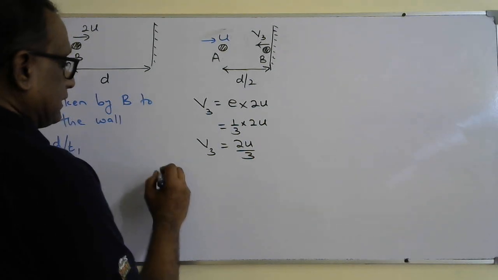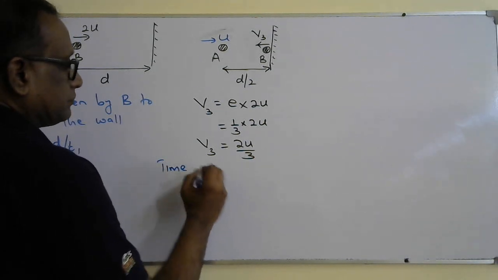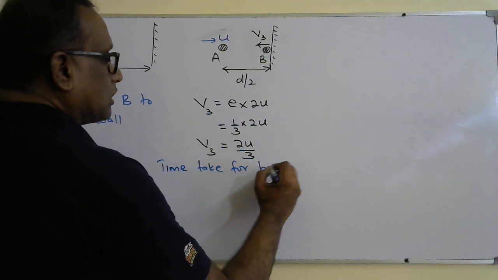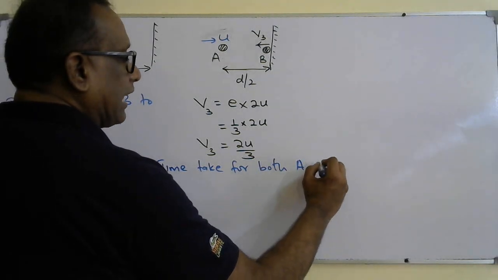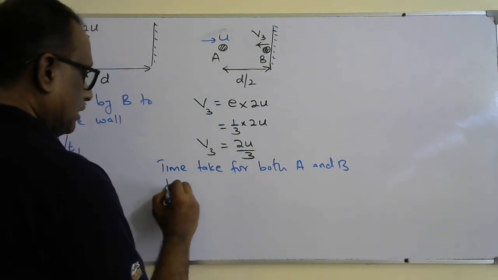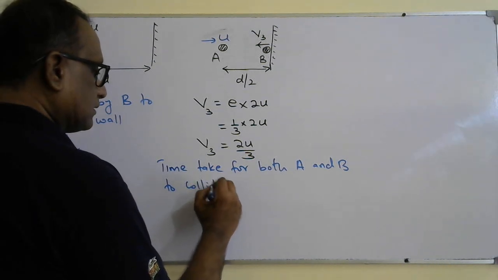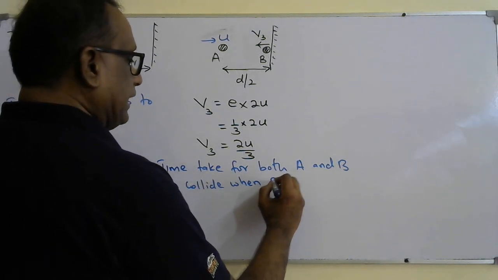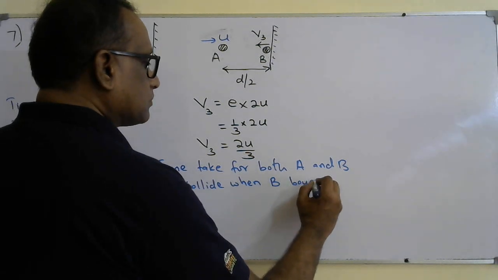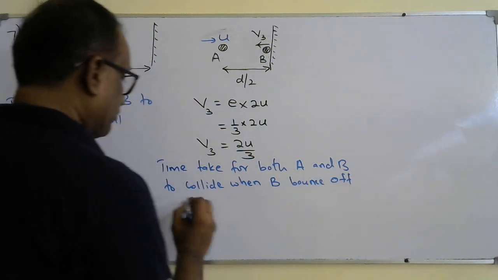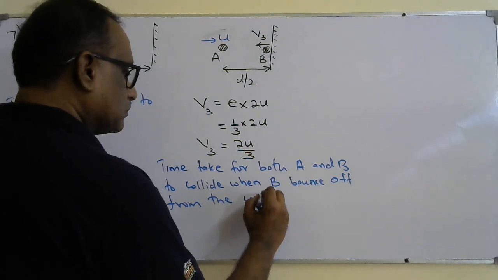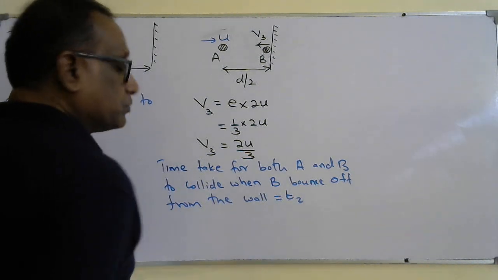So the time taken for both A and B to collide when B bounces off from the wall equals T2.